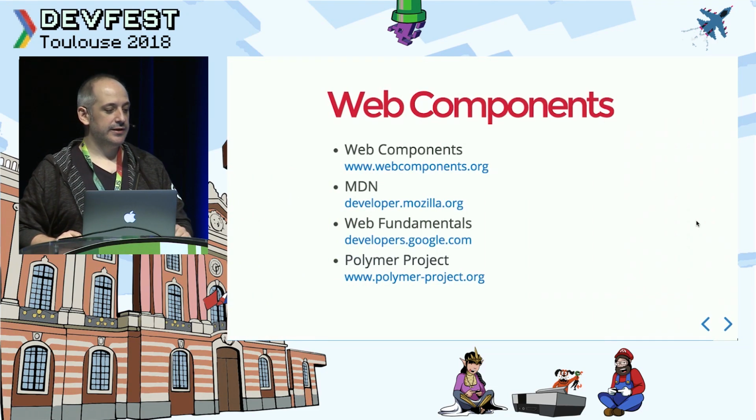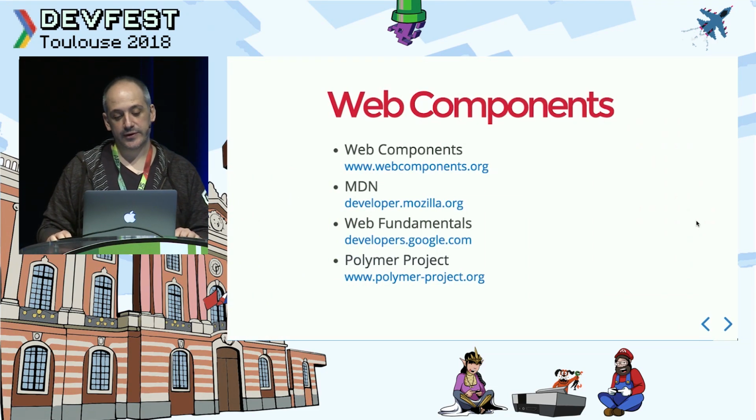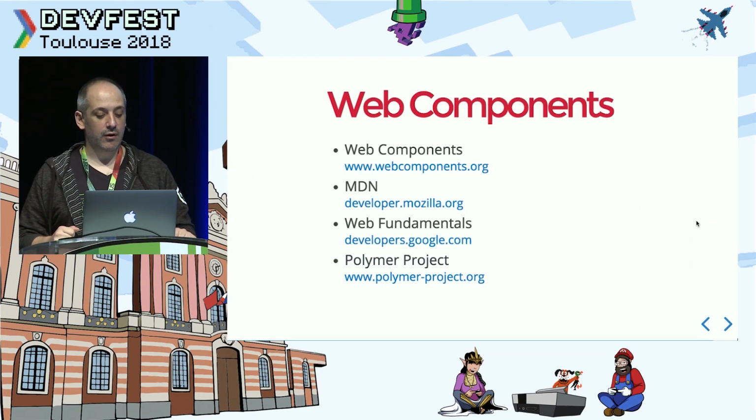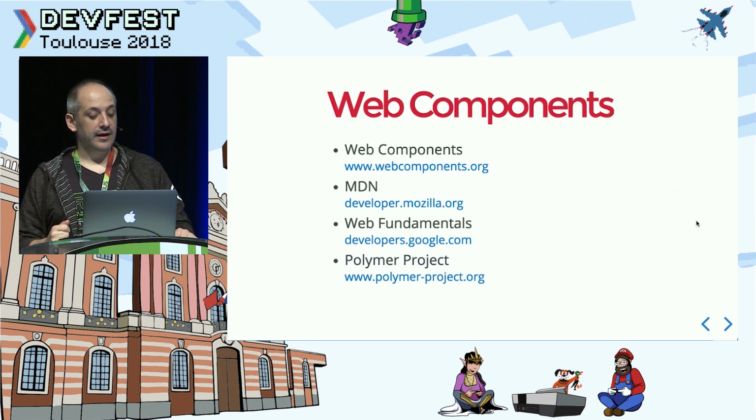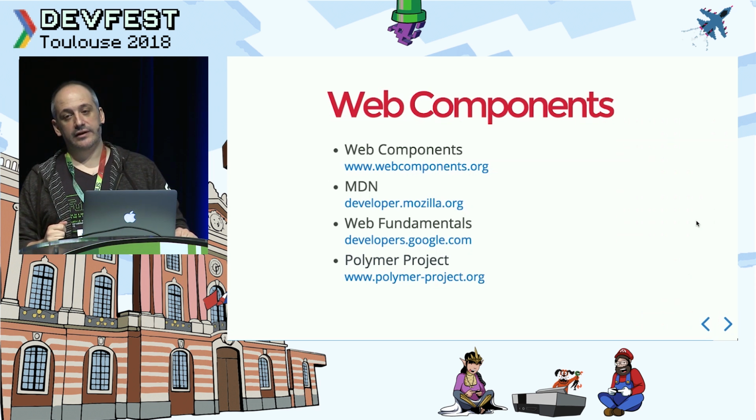Some resources on web components. If you want to learn about web components, I recommend you go to webcomponents.org. MDN, developer.mozilla.org, has a lot of very good information about web components, custom elements, custom events, slots, and so on.